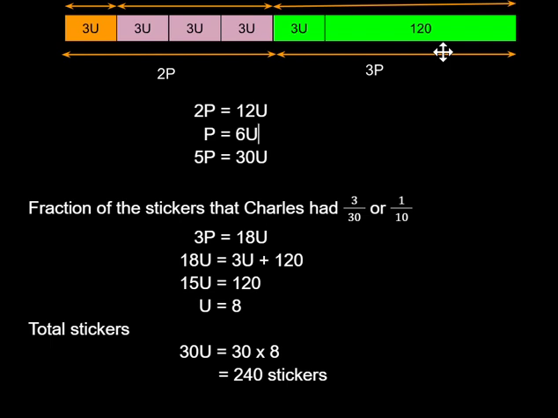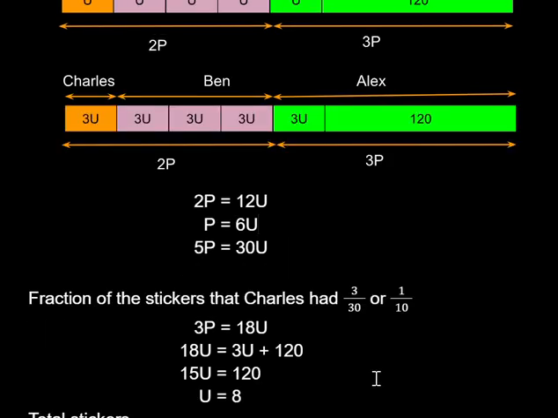So 15U is equal to 120. U must be equal to 8. So the total is 30U, and 8 times 30 is 240 stickers. This is how we solve the question if you need to visualize it using a model.